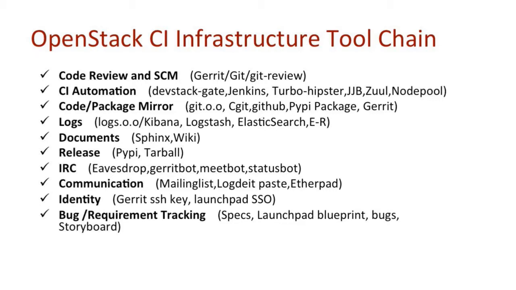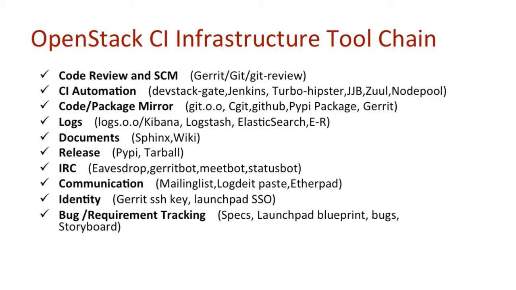And Etherpad is a tool that, if you join their design summit, they use frequently to keep track of work items and ideas. And in order to be a contributor, you need to register on Launchpad, and also register your SSH public key on Gerrit, because Gerrit uses an SSH connection for the event stream and git clone, git fetch.